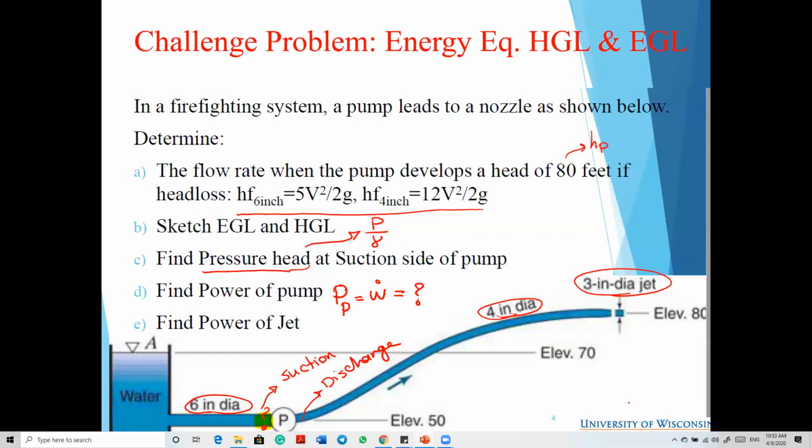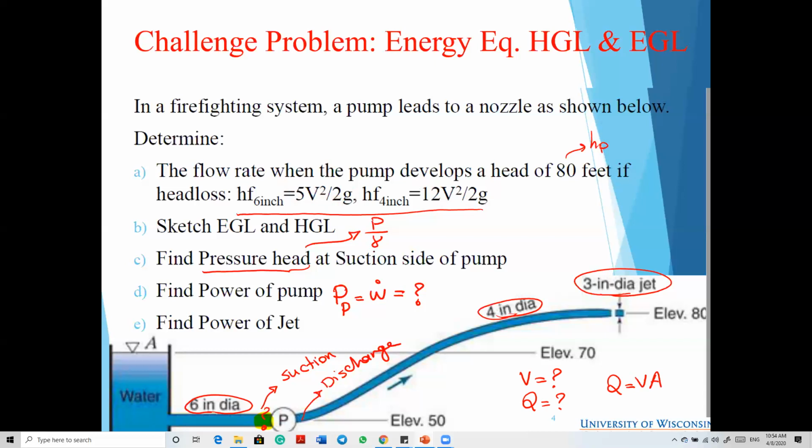All right, in this problem, we don't know the velocity and we don't know the flow rate, right? For the energy equation or any head loss, we need to know velocity. Even the head loss is expressed by velocity. So we don't know what the velocity is at 3 different diameters, and also we don't know Q. Once we have one of these, velocity or Q, we can find the other from the continuity equation, right?